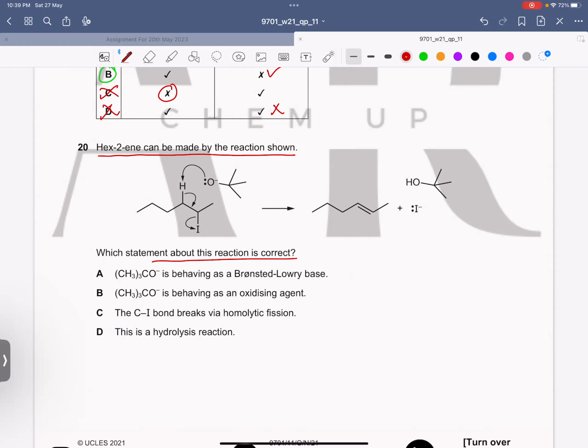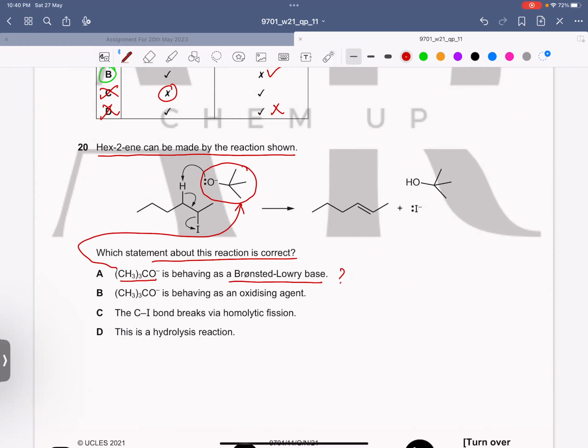So this ion over here is behaving as a Bronsted Lowry base. Is this statement correct or wrong?